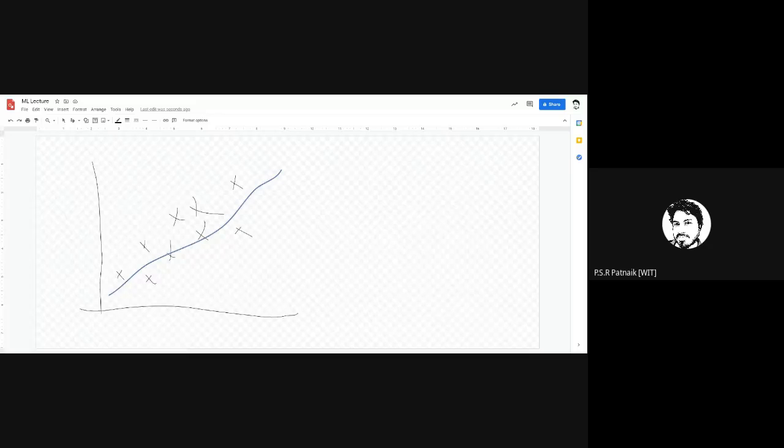Let us only focus on linear equations, not on quadratic or higher order regression curves. We are trying to guess something of the form y is equal to mx plus b.